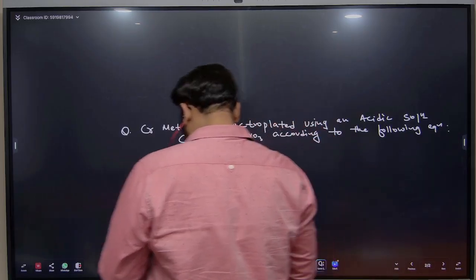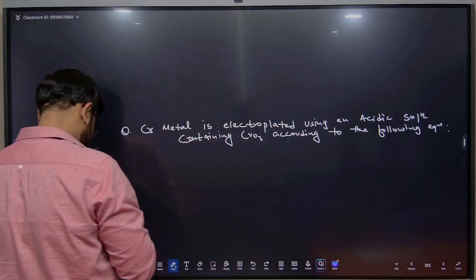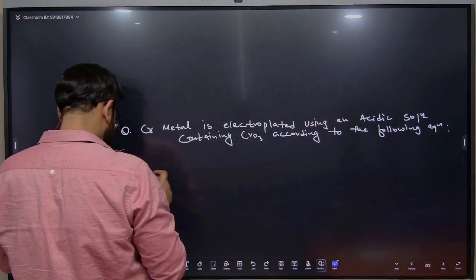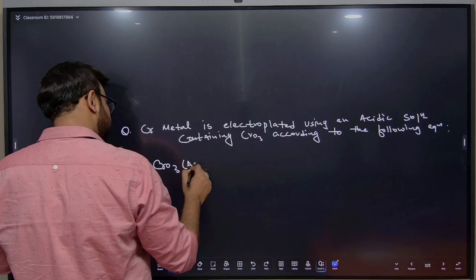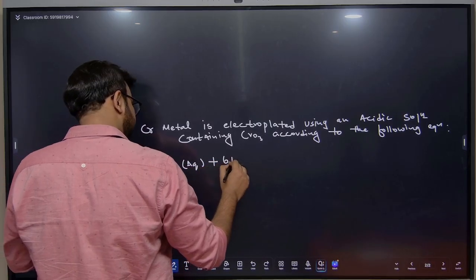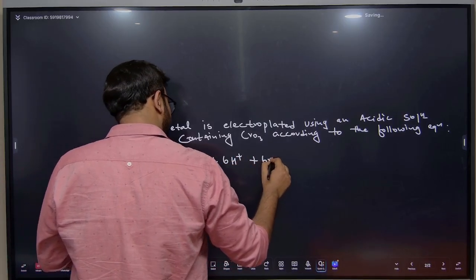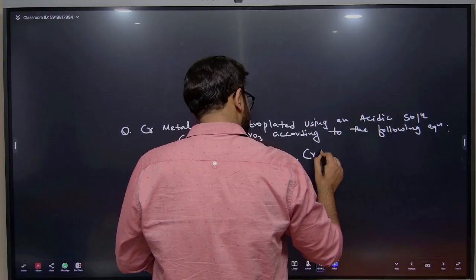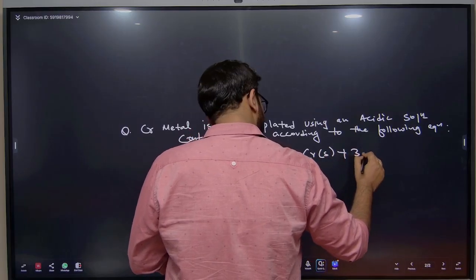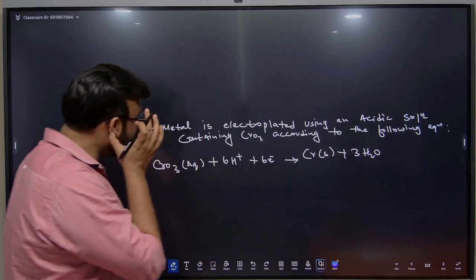And what is the equation? Equation is CrO3 aqueous plus 6H plus 6 electrons gives Cr solid plus 3H2O. Guys, look at the equation.